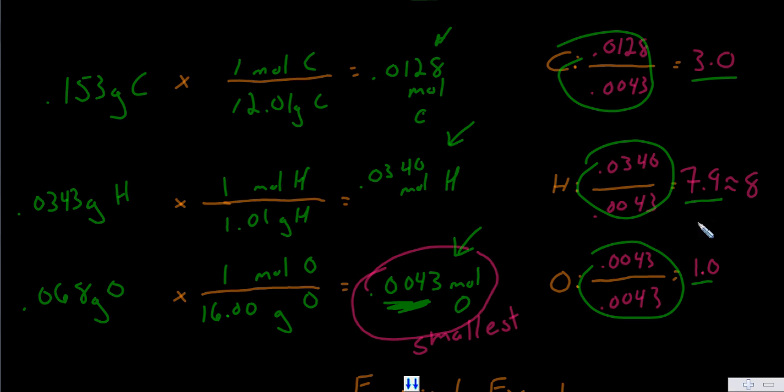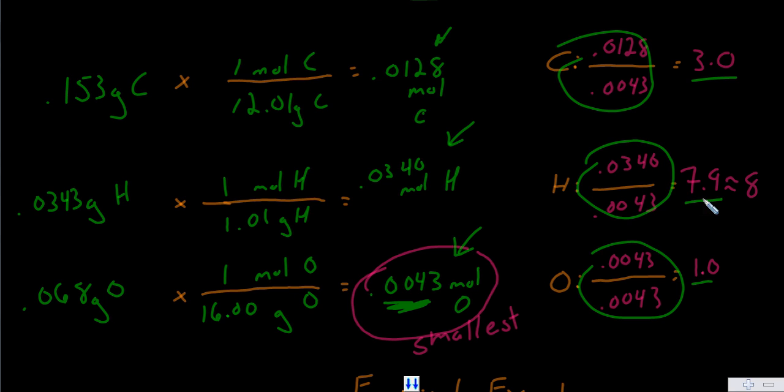Now, how likely is it, do you think, to have a ratio of 7.9 hydrogens to every oxygen? Perhaps if you had a molecule with 79 hydrogens and 1 oxygen, you might have that occur, but that would be very unlikely, particularly in general chemistry. You're probably not going to have such large molecules.